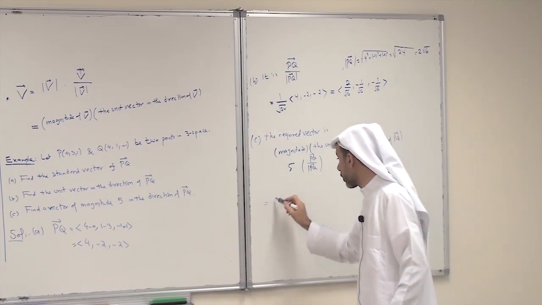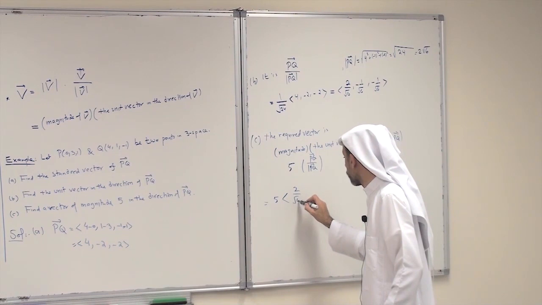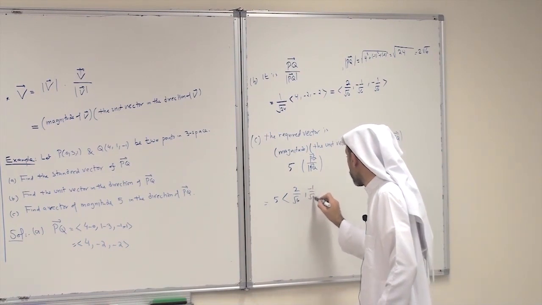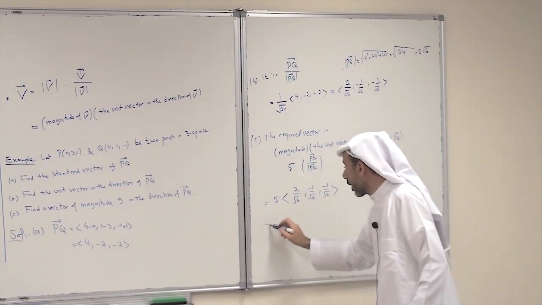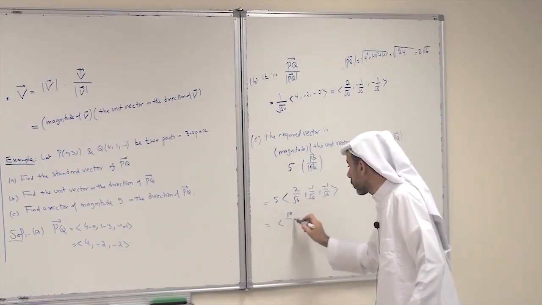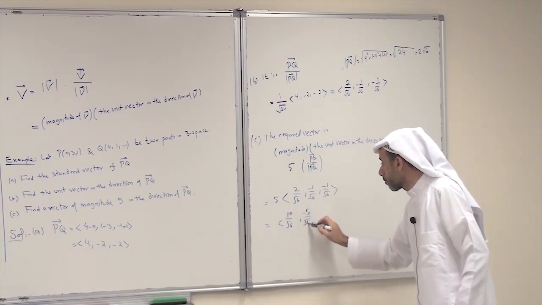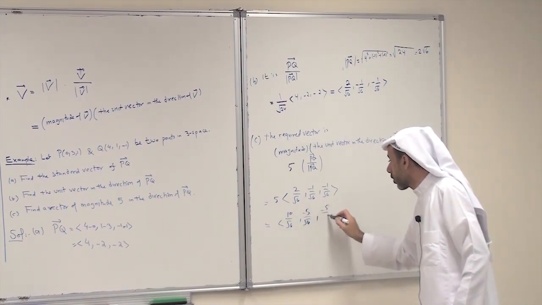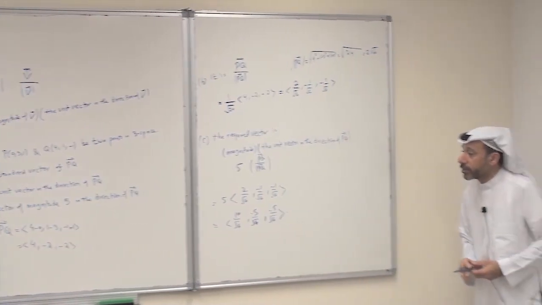So this equals 5 times 2 over root 6, minus 1 over root 6, minus 1 over root 6. Just multiply. This is 10 over root 6, minus 5 over root 6, and minus 5 over root 6. And this is the answer.